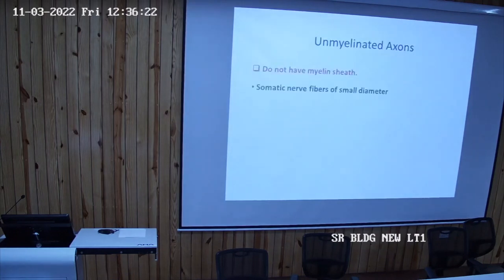So unmyelinated fibers, everyone knows, do not have a myelin sheath. What are examples?